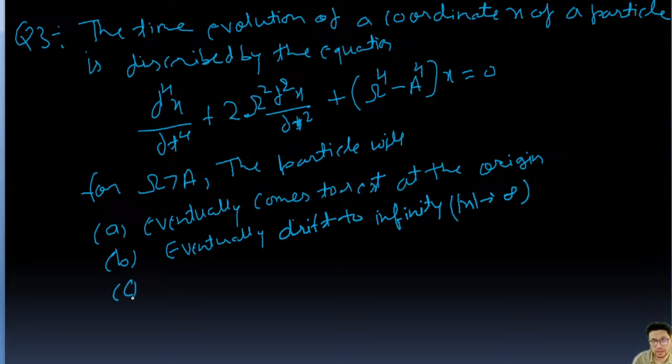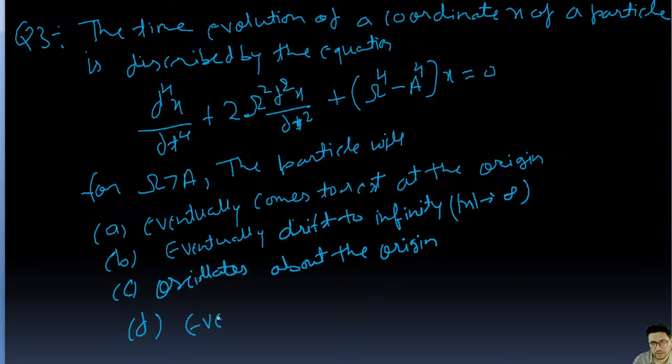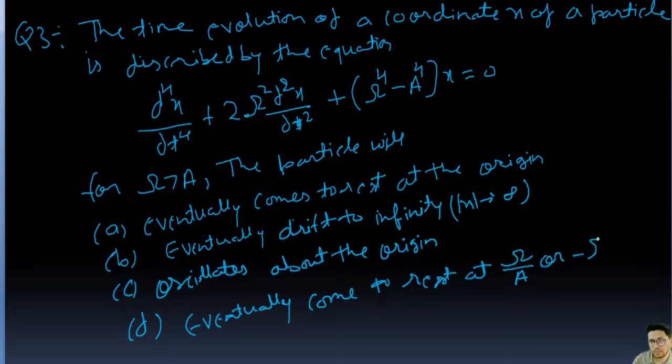C, oscillates about the origin. And D, eventually come to rest at omega upon a or minus omega upon a.